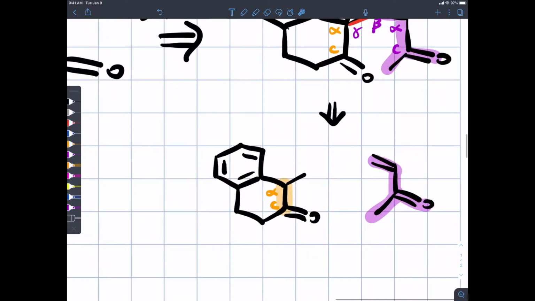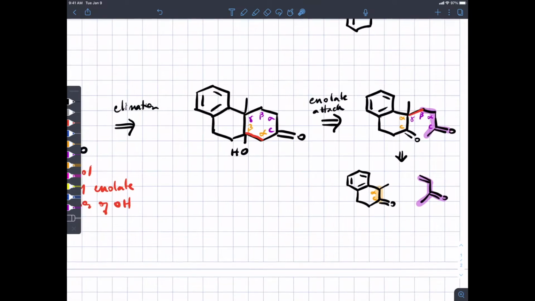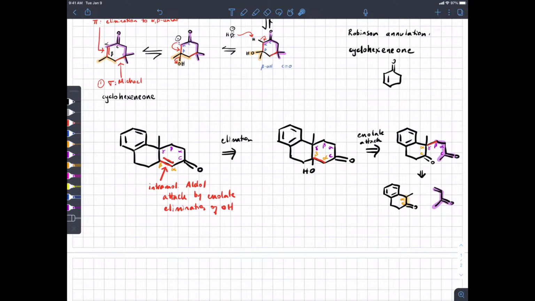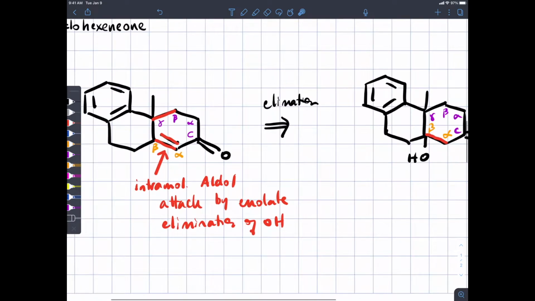In our 6-membered ring, 4 atoms come from the alpha-beta unsaturated carbonyl compound, and 2 come from the other carbonyl partner, such that now if you look at a cyclohexenone and you number alpha beta gamma on one side and alpha beta on the other, the bonds that you need to make are here and here. Okay? Yes, go ahead.